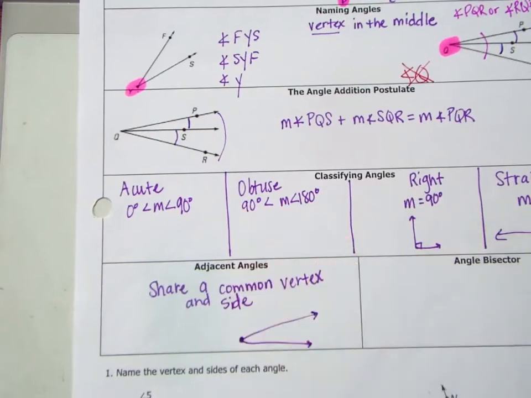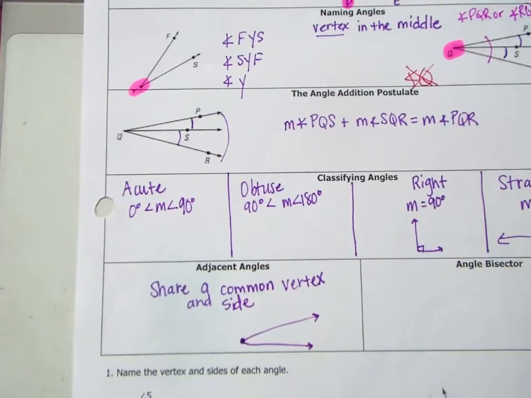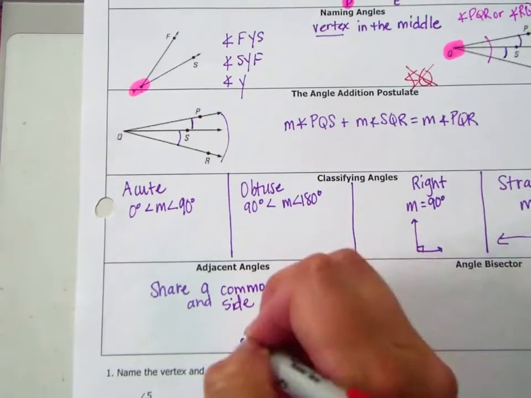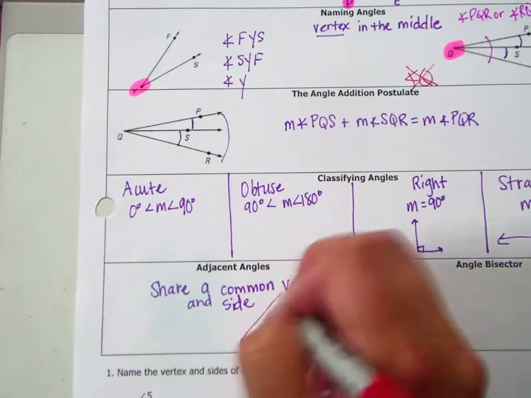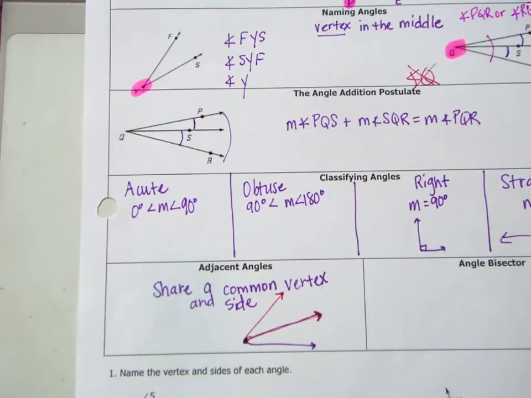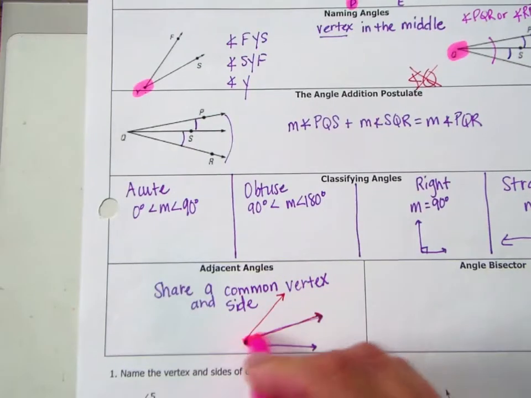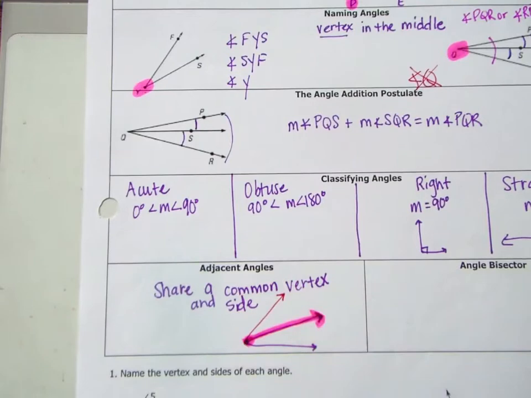Here's one angle. And then from that common vertex, we're going to share the middle side and draw another one. So there are two angles in that picture. They're sharing, again, this vertex right here and that side.